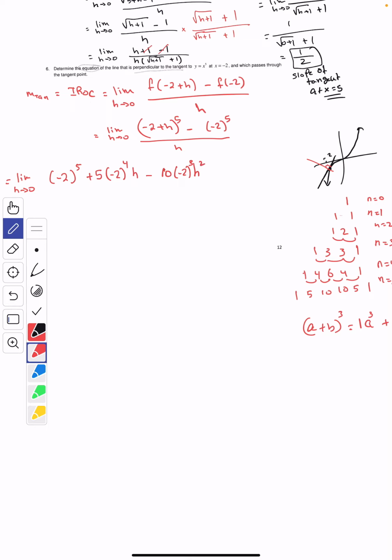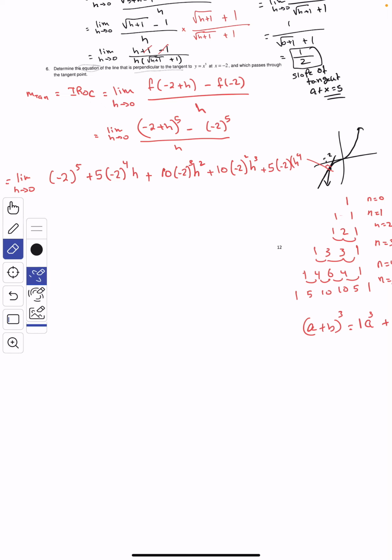So you see how right now my exponent for the negative 2 is decreasing, the exponent of h is increasing. Then my next one is going to also be, I don't know why I put a negative, positive 10, and then negative 2 to the power of 2, h to the power of 3. Then the coefficient is 5, and then negative 2 to the power of 1, h to the power of 4.